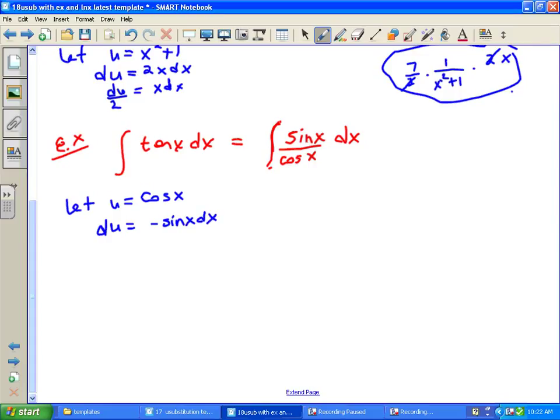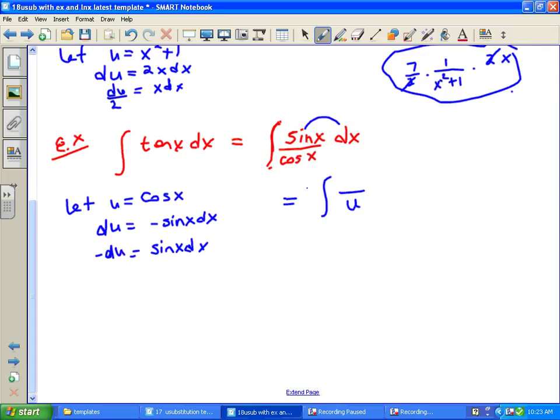So now this integral becomes, the bottom is u, and what should I write for sine x dx? Pardon me? du or negative 1 times du? Negative 1 times du, right? Because if you solve here for sine x dx, that's negative 1 times du.